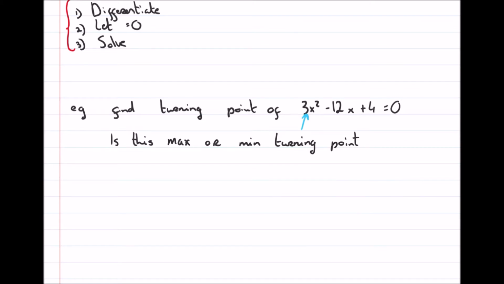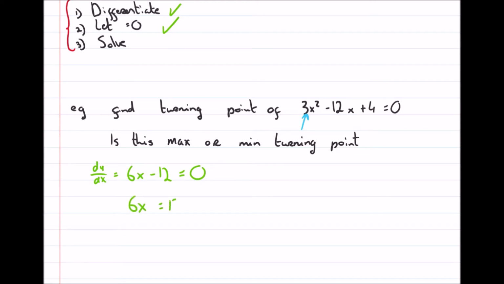Right. So how do I find where that minimum value is on the x-axis? Differentiate it. So dy dx equals 6x minus 12. Let that equal 0. Now I have to solve it. So 6x minus 12 equals 0.